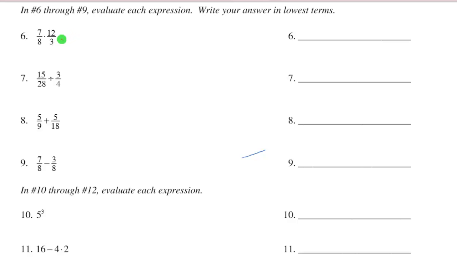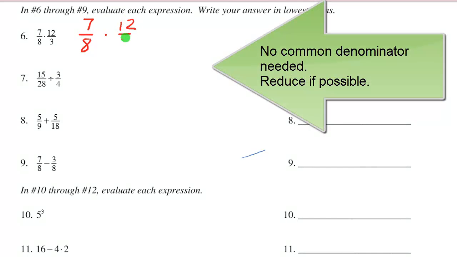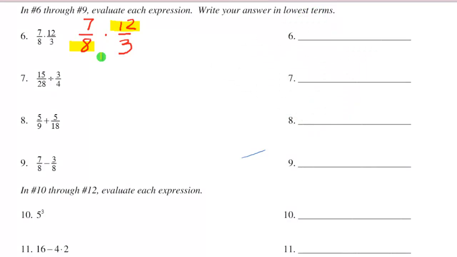In our next fraction problem, we're multiplying fractions. We've got the fraction 7/8, and we're going to multiply times 12 over 3. And remember that when we multiply fractions, we don't need a common denominator. But if you can reduce, it's always good to do that. So this 12 and this 8, as we saw in a previous example, are divisible by 4.